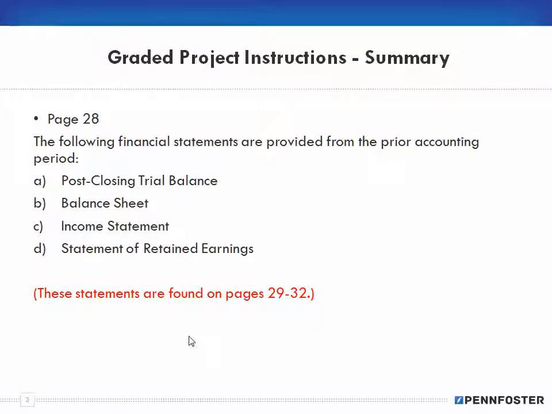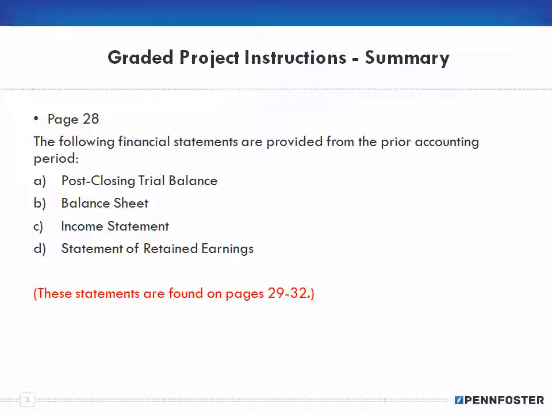On page 28, it says, The following financial statements are provided from the prior accounting period. Okay, that's the post-closing trial balance, the balance sheet, the income statement, and the statement of retained earnings. And these financial statements are provided on pages 29 through 32.